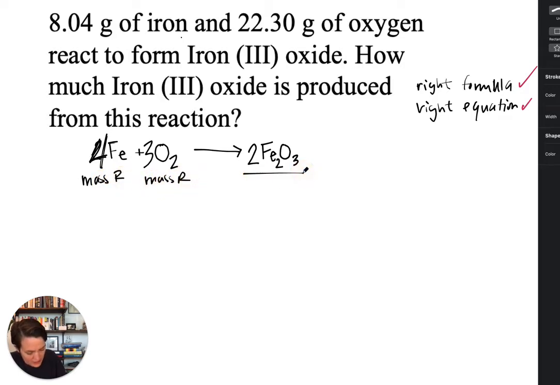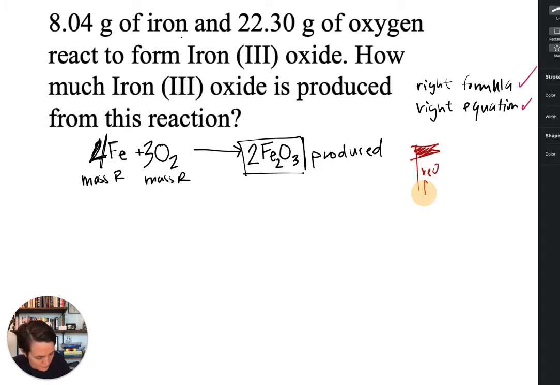and now I'm asked how much of this is produced. And this is always going to be your situation when you need to consider limiting reagent. So I like to call these red flags. It's like your warning that you're going to have to do more work, right? That's a red flag.